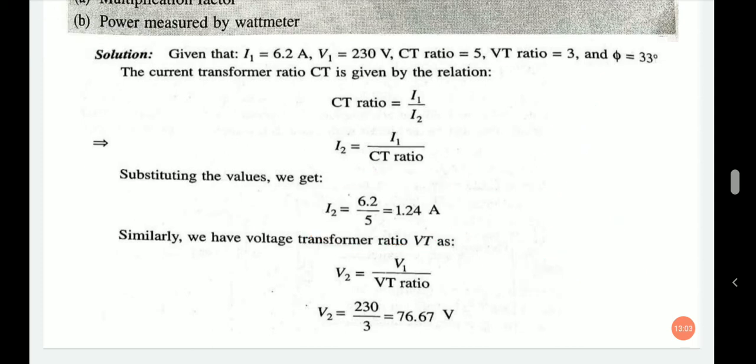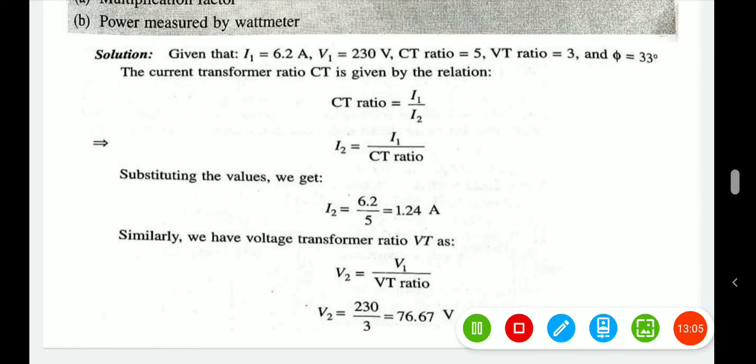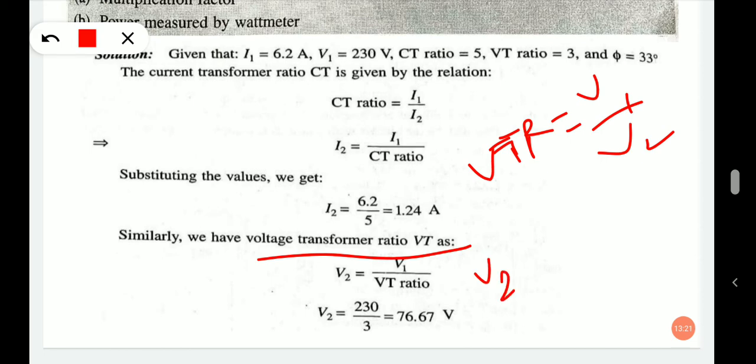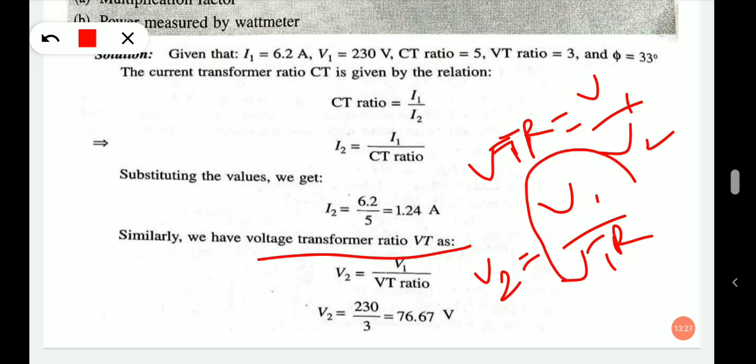Similarly, we have voltage transformer ratio VT, we know that voltage transformer ratio is V1 by V2. Similarly, like current transformer, we can write V2 equals to V1 by voltage transformer ratio. So we have to substitute the values in this expression, V1 by VT ratio.